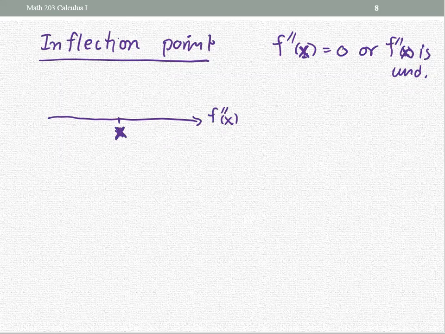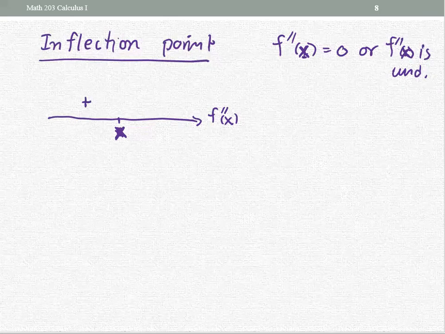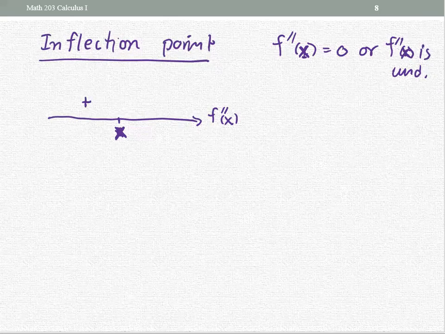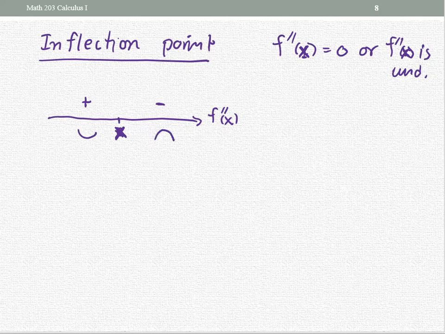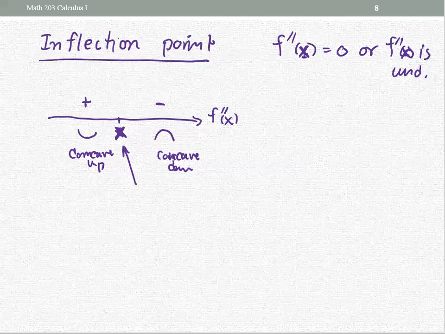So for the x here, if the sign is positive, remember, am I happy or not happy? I'm happy, right? If the sign is negative, I'm not happy. So the happy portion is my concave up, and the not happy portion is my concave down interval. If the sign changes from positive to negative or negative to positive, that point is called the point of inflection, or the inflection point.